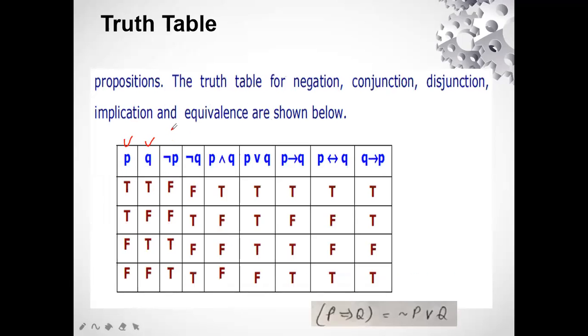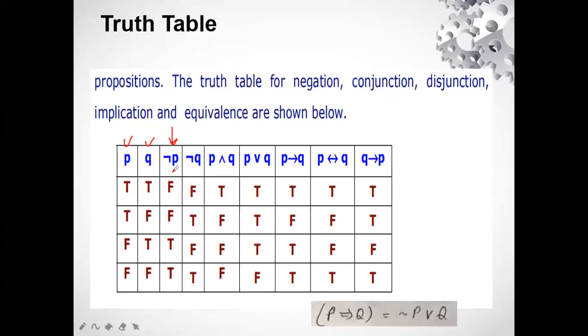Now we are going to find the negation of P. This is the sign for negation P. Negation P means not P. That means if P is true, then it will be false. Not true means false.